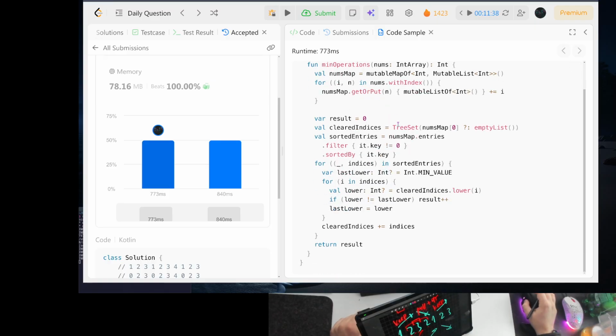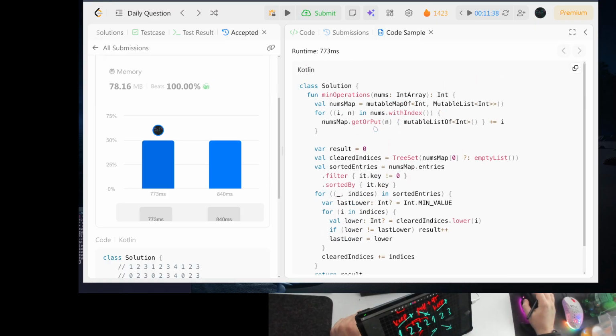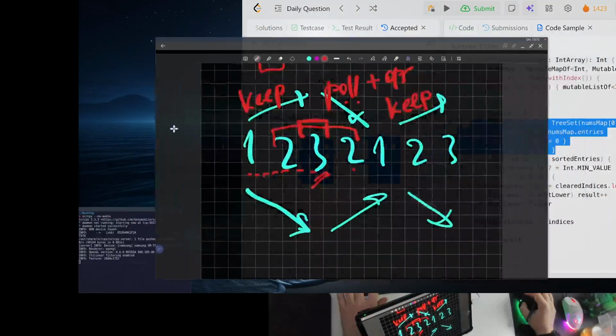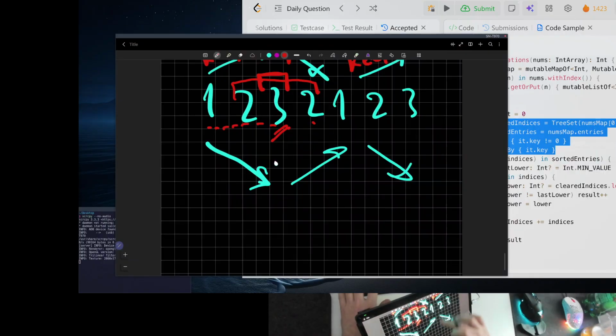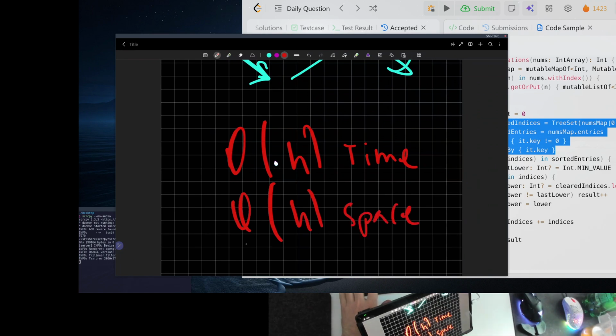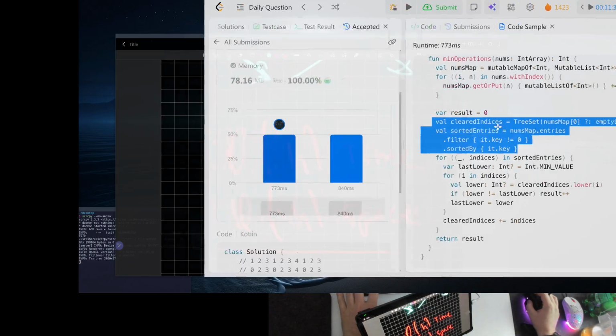Let's look at some other. Okay, this kind of hash map. Okay, they used this, then sorted by k, and then what? Okay, my solution is a monotonic stack, and it has O(n) time complexity and O(n) space complexity, because we're keeping this stack and theoretically the whole array can be in the stack.